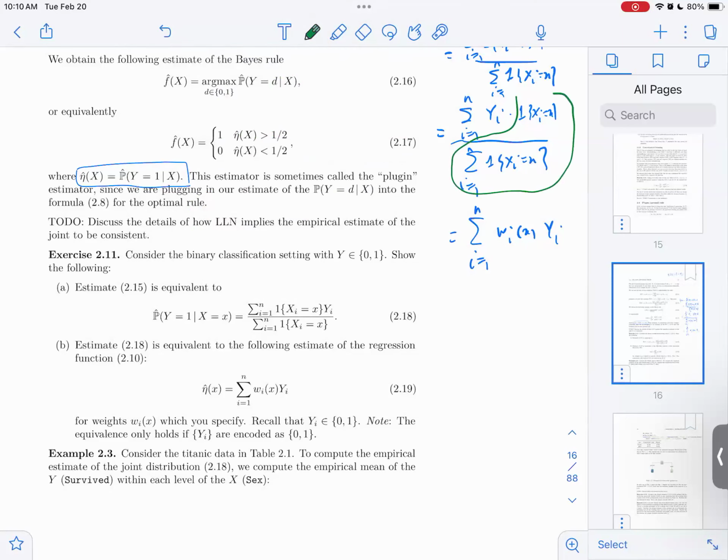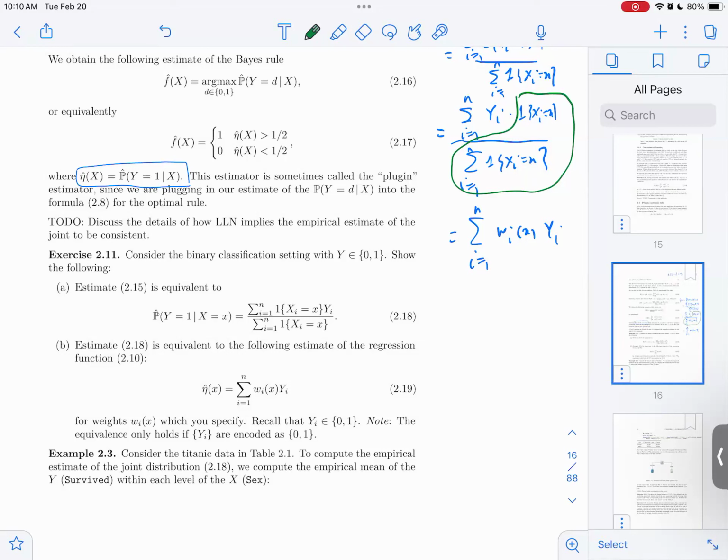So it's like a weighted average: the weight that you associate with the i-th training point based on your current test point. You have a test x, little x, and you want to do the prediction for this particular x. This is how you weight the training data for that particular x.